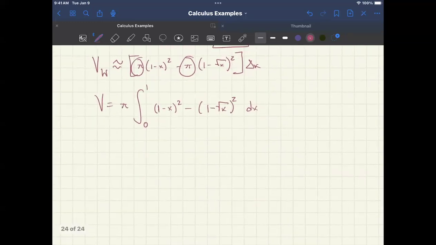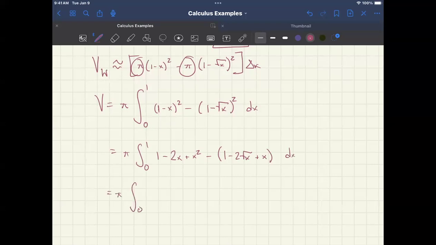Let's start calculating it. Let's square this out. This is going to be 1 minus 2x plus x squared, minus, and I'm going to keep the parentheses around this to begin with, 1 minus 2 square root of x plus square root of x times square root of x, which is just a regular x.